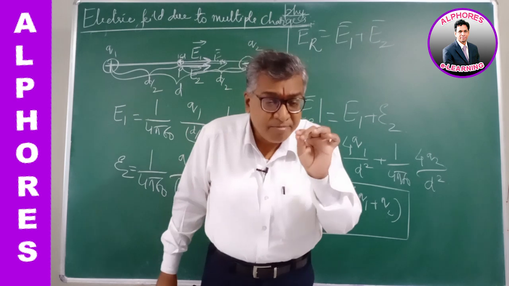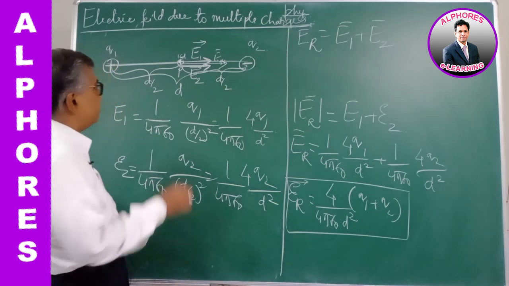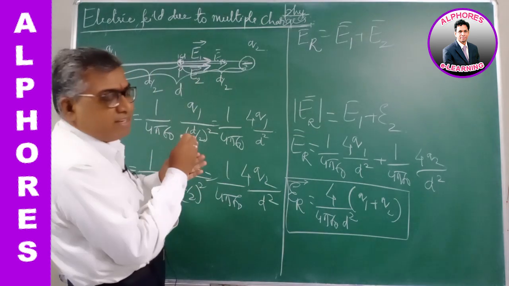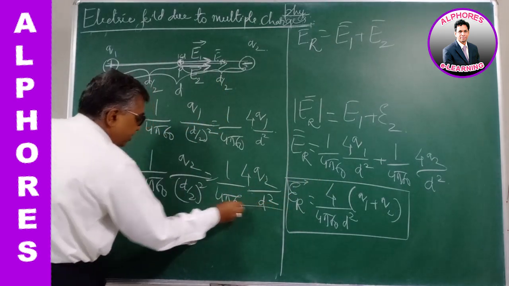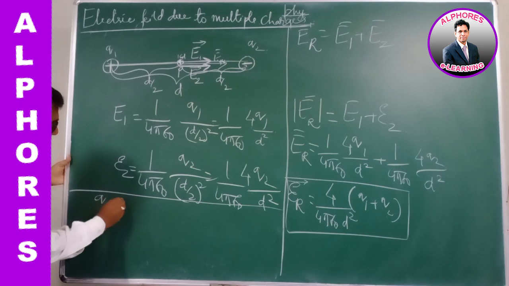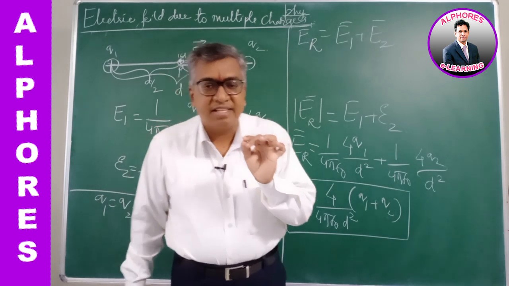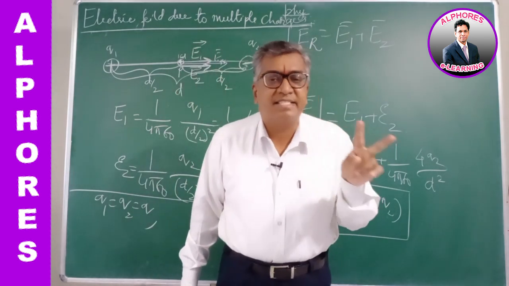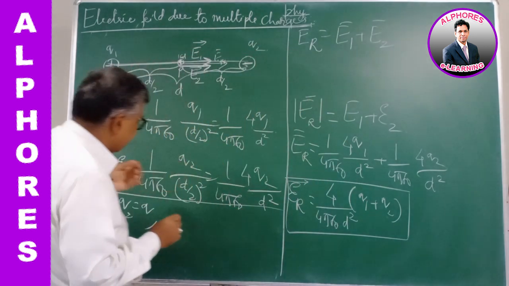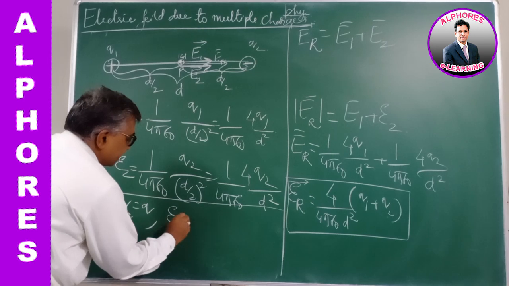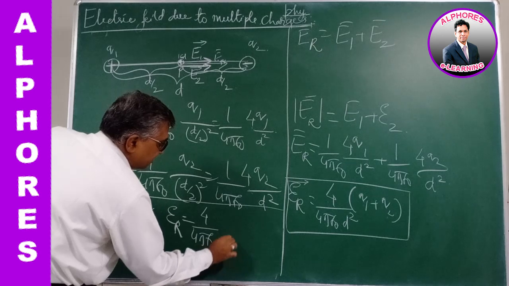Now, suppose these charges are identical, same magnitude. Of course, unlike, but magnitude same. So if I imagine Q1 and Q2 both are equal, Q1 is equal to Q2 is equal to Q. If two charges of same magnitude but unlike charges Q, Q are placed separated by distance d, then the resultant electric field strength would be 4 by 4 pi epsilon naught d square.